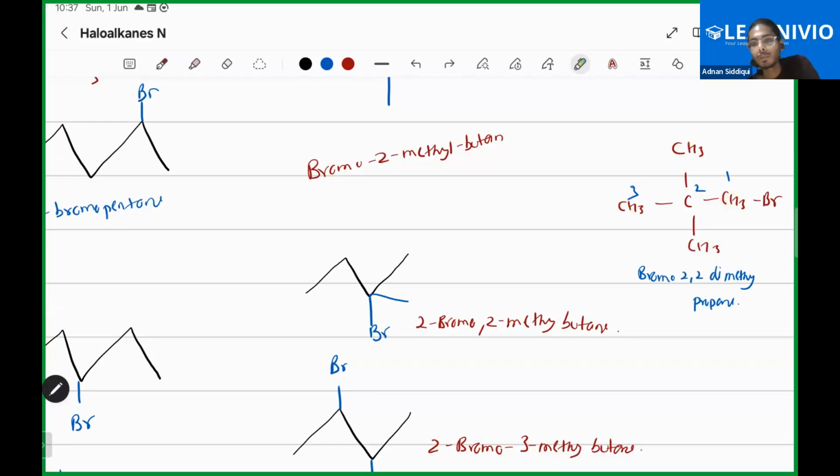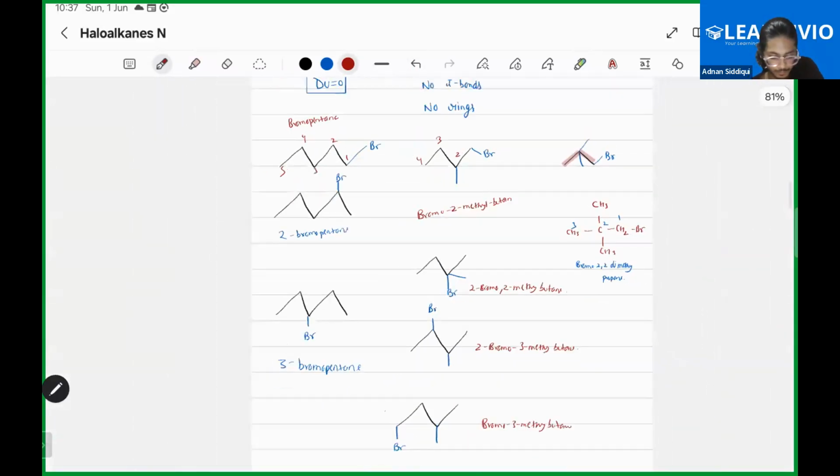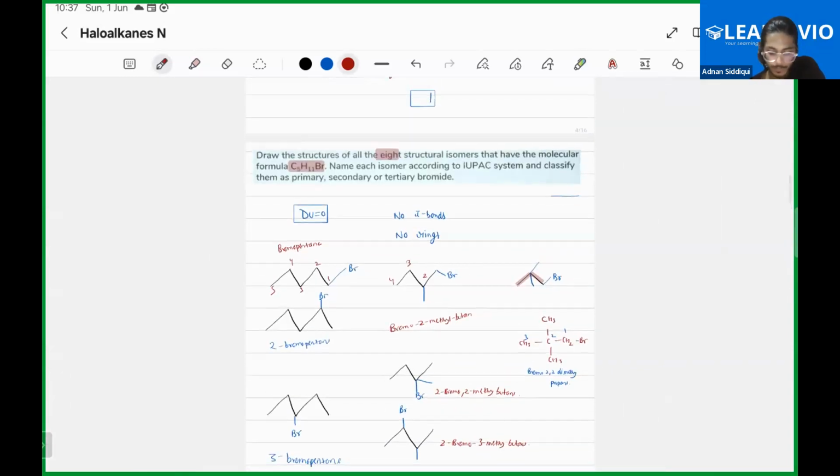No matter where you attach the bromine, the compound is the same. So the only possibility from the propane chain is one isomer. So how many total isomers do we have now? 8. So this is your answer.